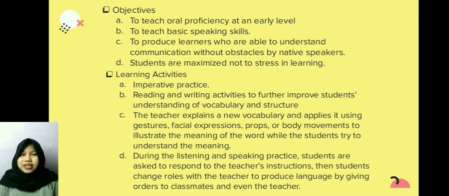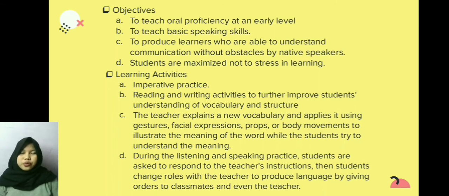During the listening and speaking practice period, students are asked to respond to the teacher's instructions. Then students change roles with the teacher to produce language by giving orders to classmates and even the teacher. In this method, students will not be forced to speak if they are not ready.